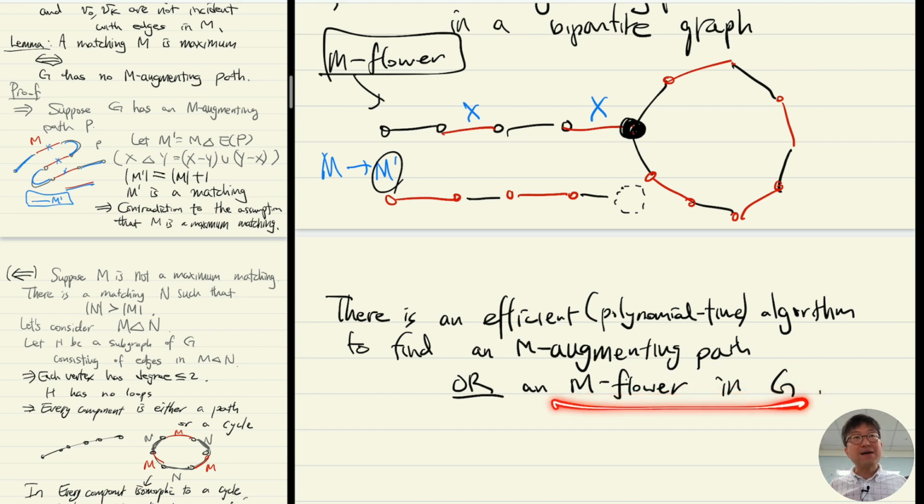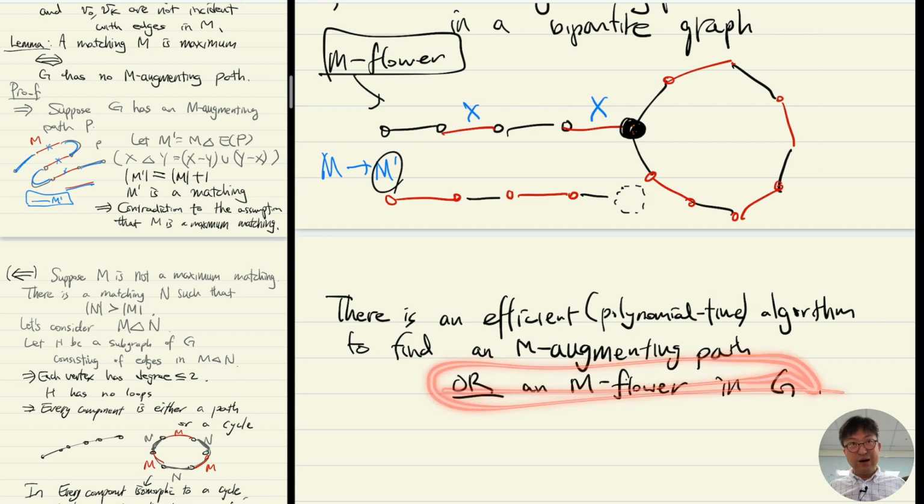And the flower never happens in a bipartite graph, so in a bipartite graph this already gives you an algorithm to find a maximum matching. But in a non-bipartite case, you may end up with this flower.